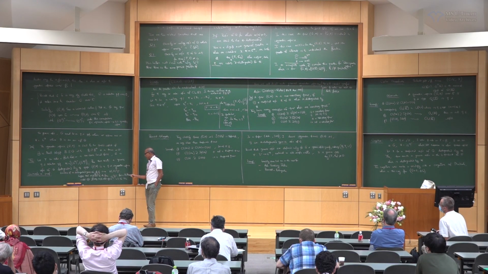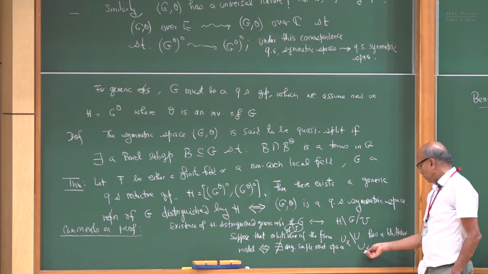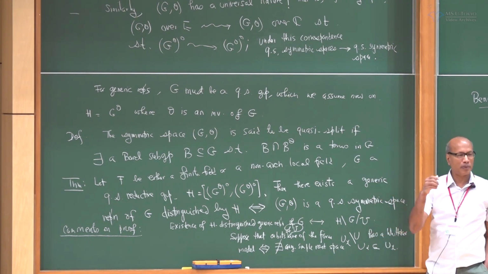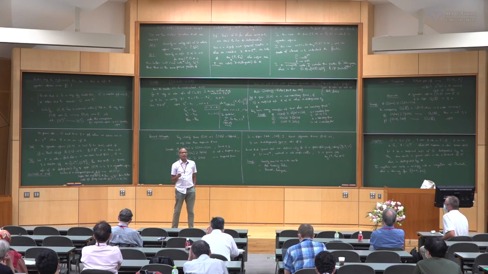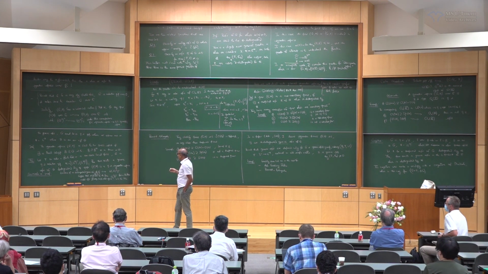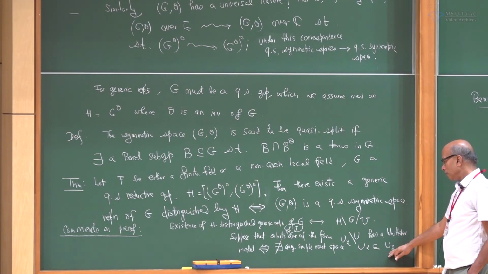So from this data, the theorem says that if there is an orbit which has this property, then there is another orbit on which U operates without a fixed point. To say that the symmetric space is quasi-split is equivalent to saying that there is an orbit on which U has no fixed points. So the involution theta is there, and it's a question of roots and weights that I need to deal with.